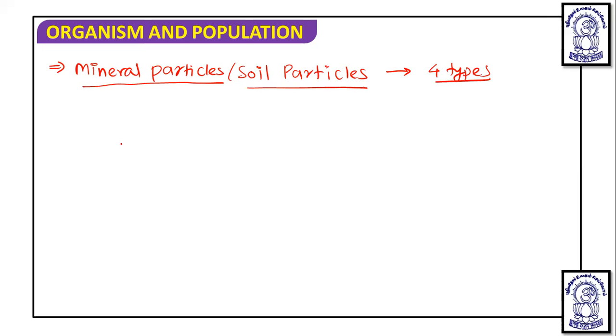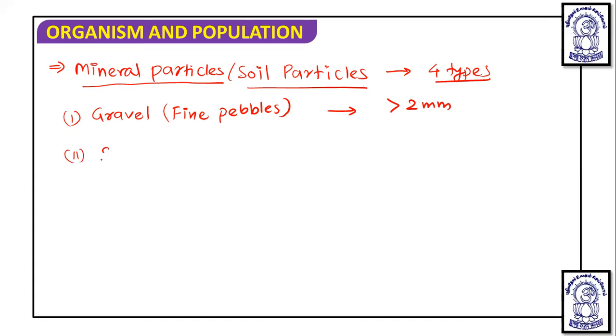The first is gravel, and gravel is nothing but fine pebbles, small stone particles whose size is greater than 2 mm. The second mineral particle type is sand, also known as quartz or SiO2, and its size is 0.02 mm to 2 mm.